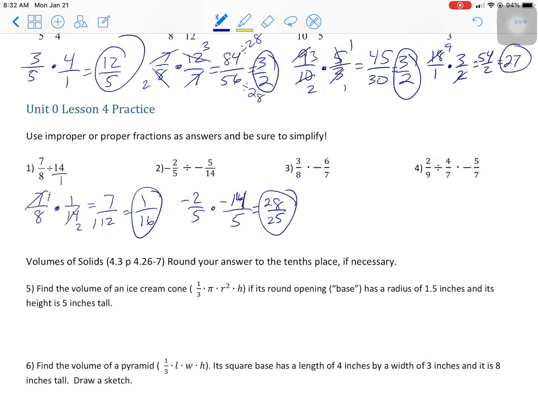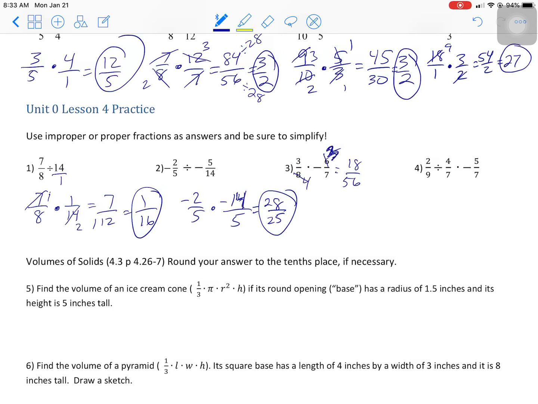All right, this was a positive divided by negative, so its final answer should be negative. Notice it's a multiplication, so no flippy. So this would be 18 over 56, and that's going to reduce by 2, make that a 3.